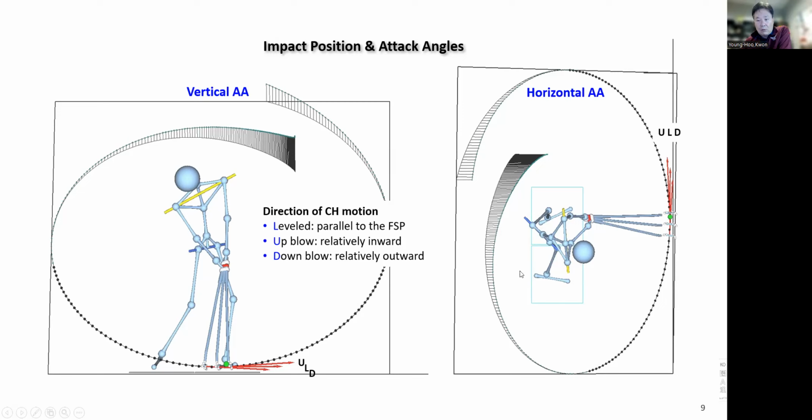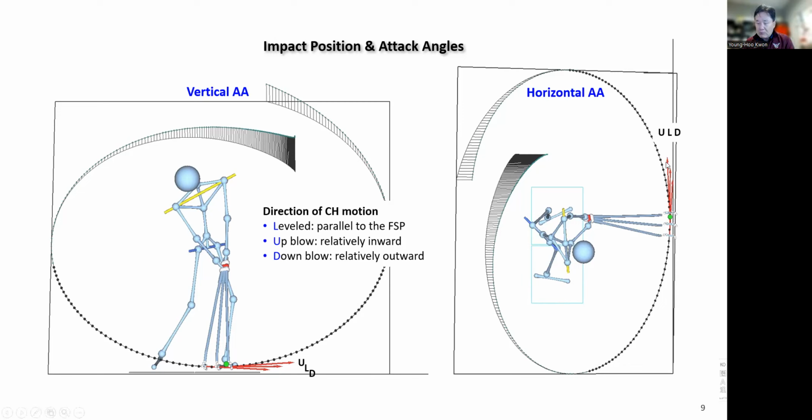So although the swing plane is toward the right side of the target in this case, depending on when the impact occurs, whether it's a leveled impact or an up blow or a down blow, the actual direction of the club head motion changes slightly. And in the driver swing, we tend to have an up blow, for example.